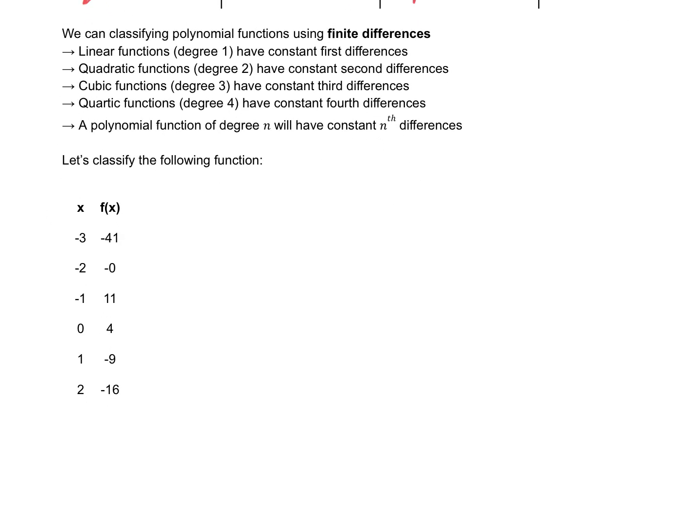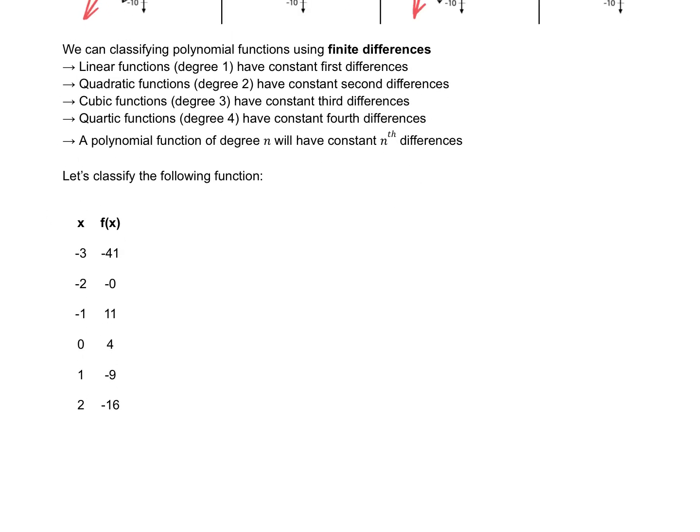So I just have a random polynomial function here, and I want us to classify what kind of polynomial it is. So I'm going to start off with my first differences, and I'm just going to pair up. I start from the bottom, and I'm going to do negative 16 subtract negative 9. So negative 7.